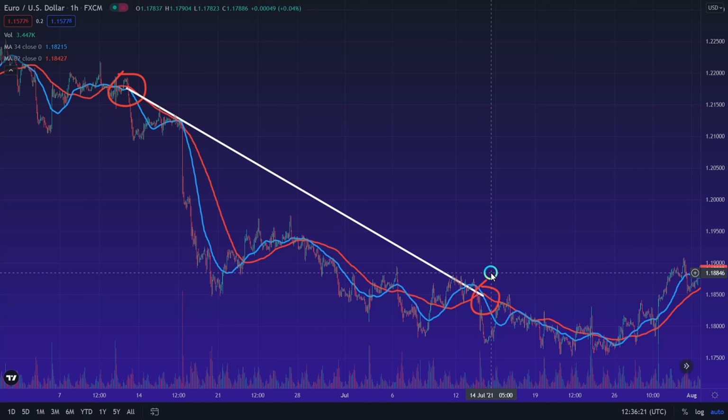Now, what are filters? Filters are not the conditions, but actually some additional tools that you can use in your trading to make it more profitable.